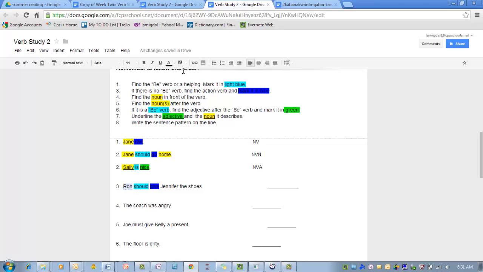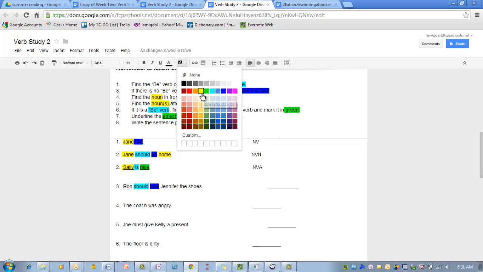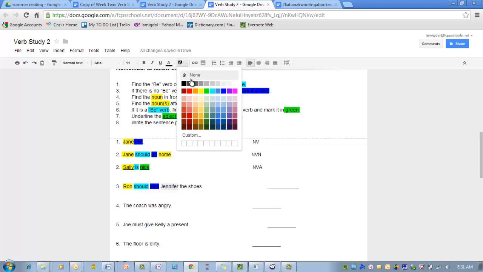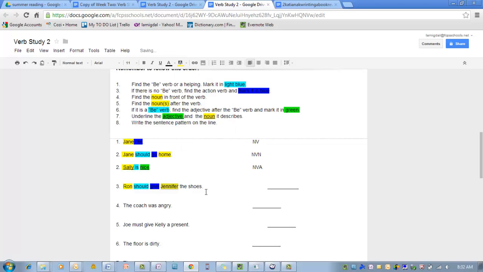Ron is our noun. Make that yellow. Go after, and I see Jennifer is another person. So she's a noun. And then I see the shoes. Well, I know the is one of those little words that I'm going to leave blank. They're called articles. But shoes are things, so I'm going to say that's a noun as well. So my pattern then is, I see a noun, verb, a noun, and a noun. Did you get that one right?